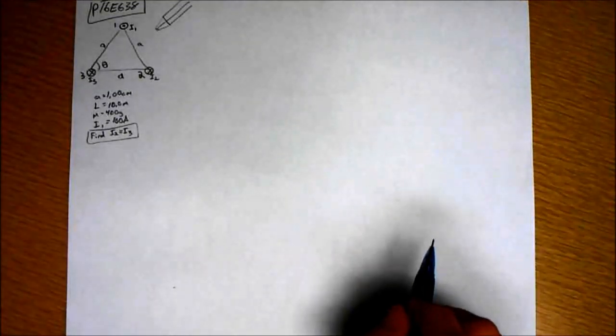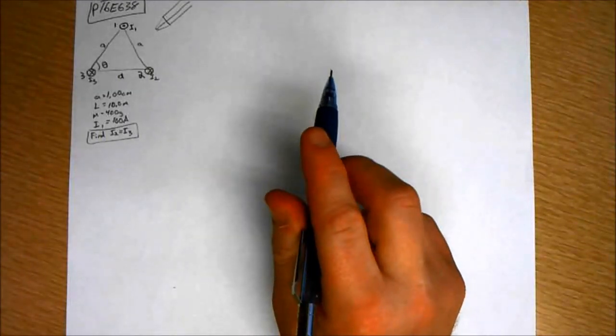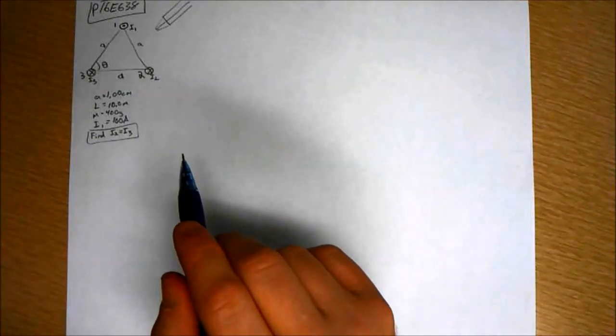All right, so the first thing I would do is find the magnitude of the force on wire 1 from wire 2, and we can relate that to wire 3 as well. So let's get an idea of what's going on.